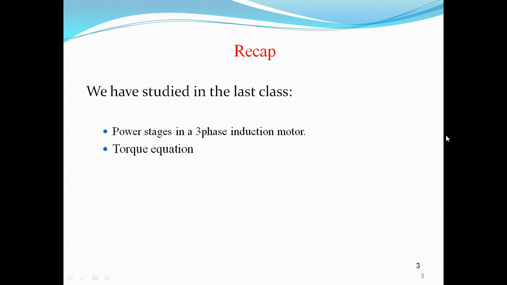This we also covered in the last class, the power stages, and we derived the torque equations also. That is gross torque Tg. Gross torque Tg is equal to rotor gross output divided by 2 pi Nr. What is Nr? Nr is the rotor speed in RPS, not in RPM. So that is the gross torque formula.